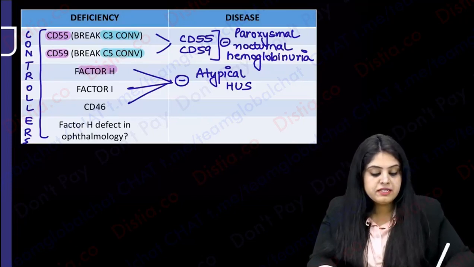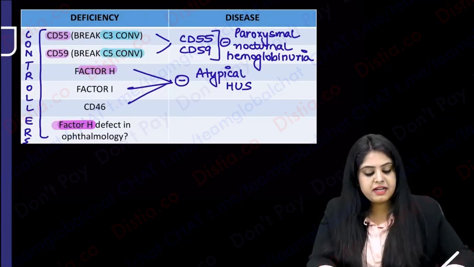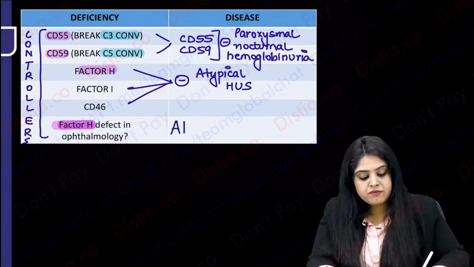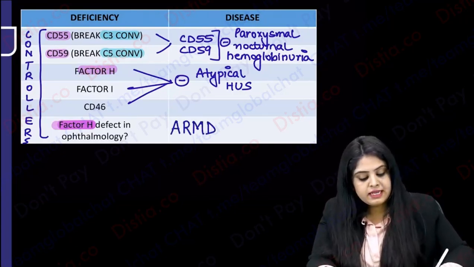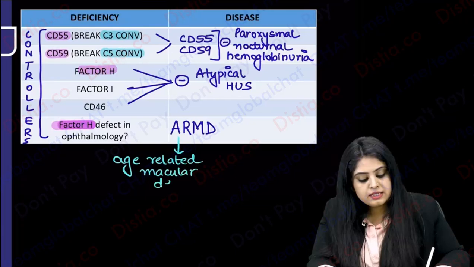Have you guys studied that factor H is associated with something? Factor H defect in ophthal, what can you think of? Have you heard of ARMD, that is age-related macular degeneration? Age-related macular degeneration is because of factor H defect.